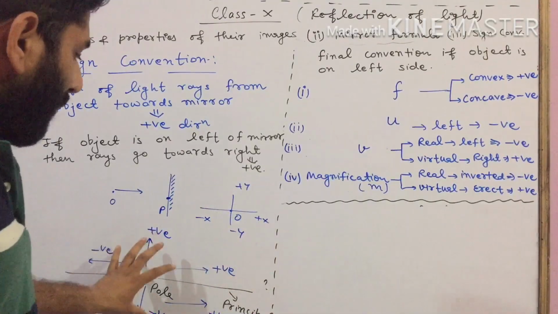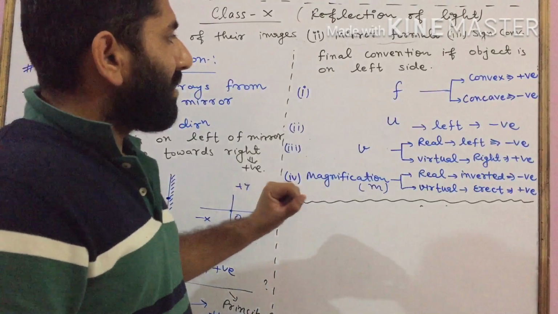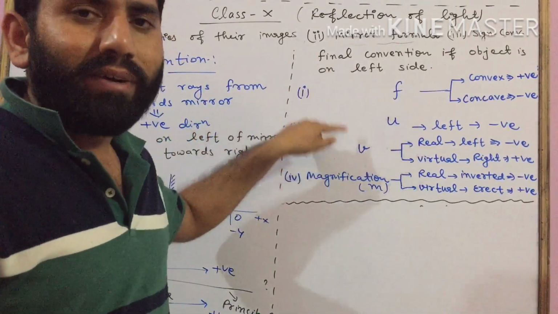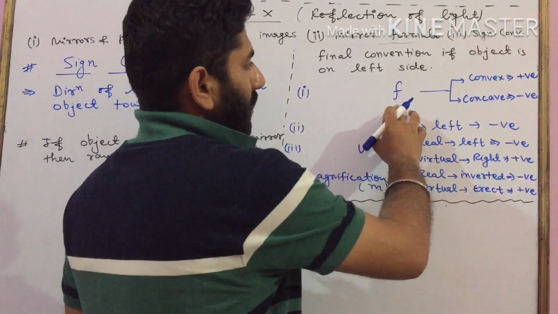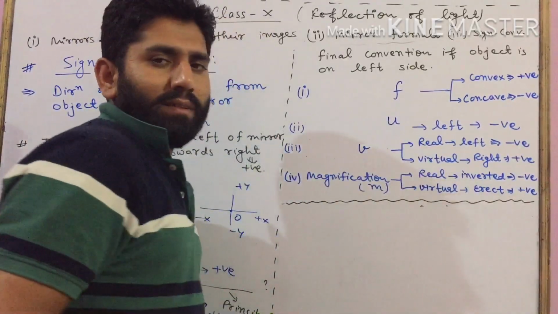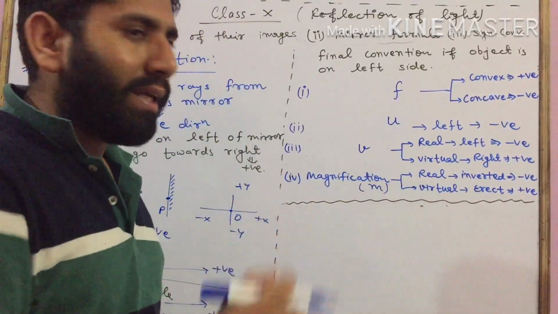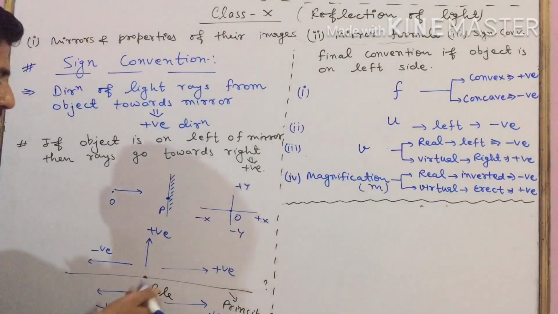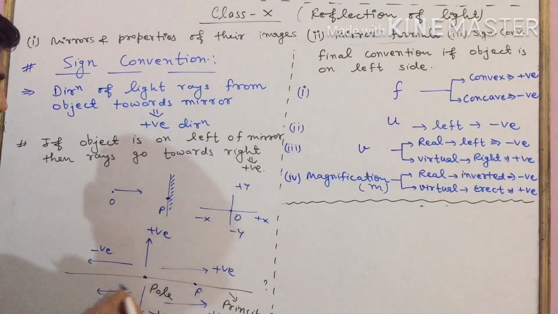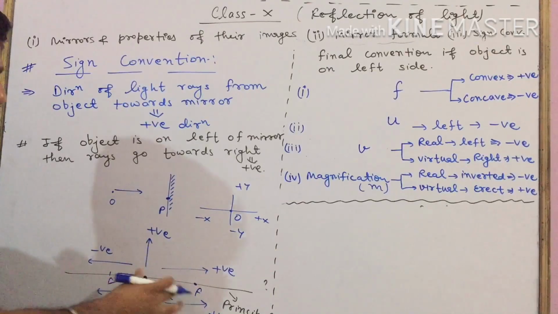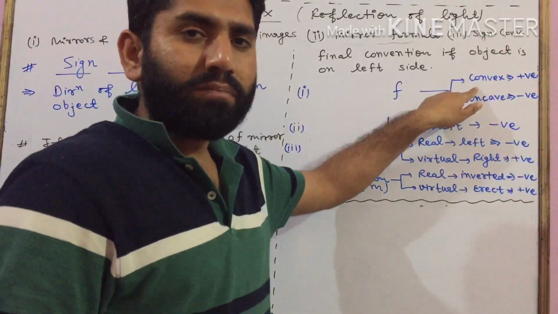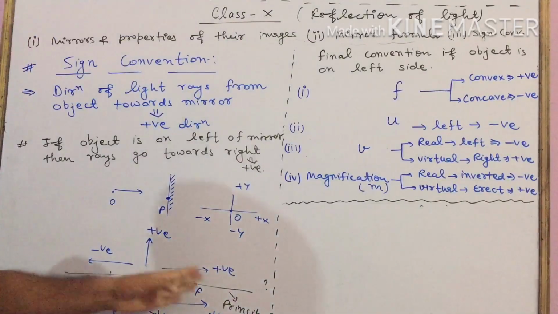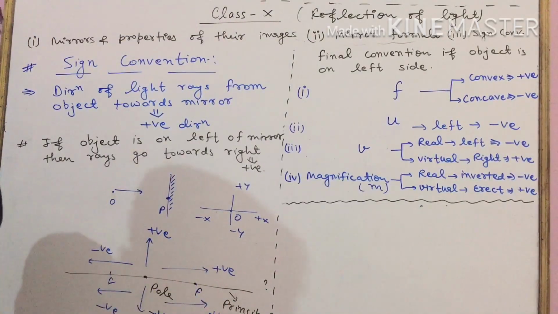Now, depending upon this convention, let us discuss the sign of different variables in the mirror formula. First of all, let us talk about the focal length. Focal length is the distance between the pole and the focus. Suppose this is the pole, and here is the focus, this distance is known as focal length. In case of a convex mirror, the focus lies on the right side, as we have seen in the ray diagrams.